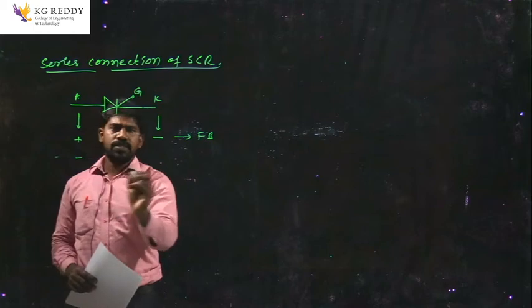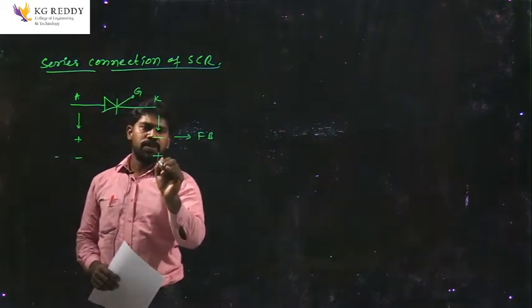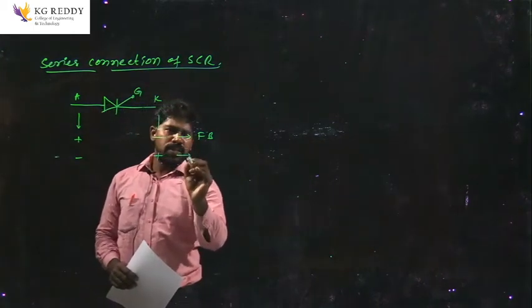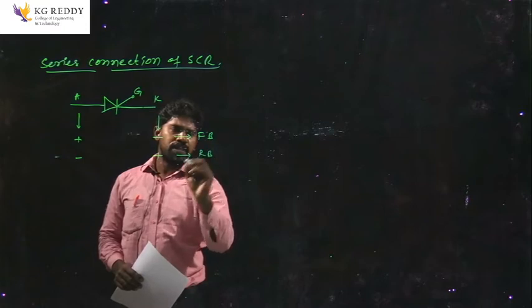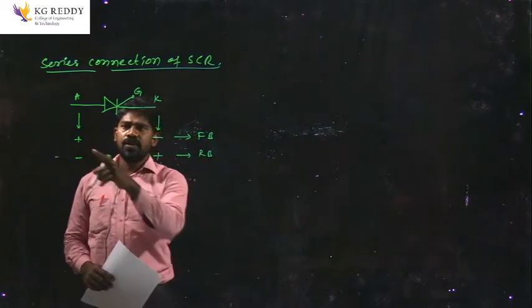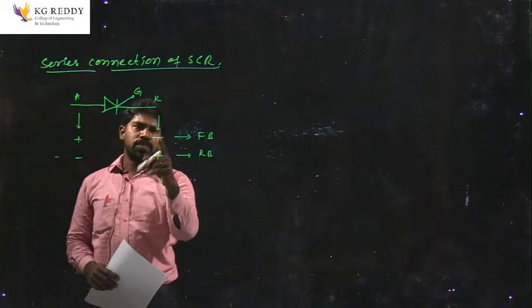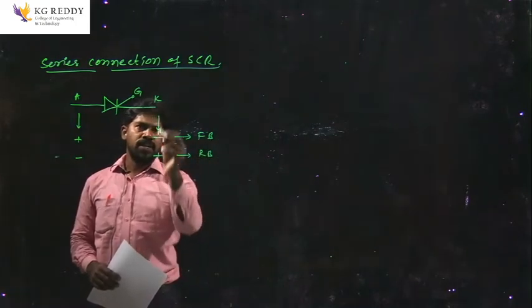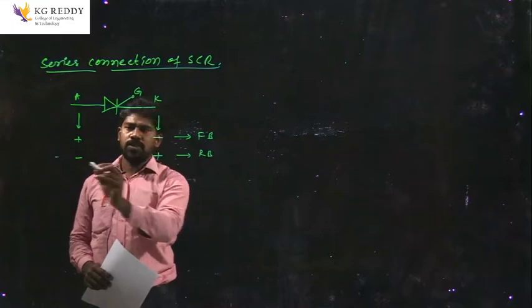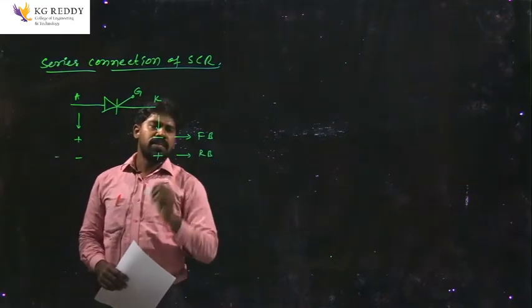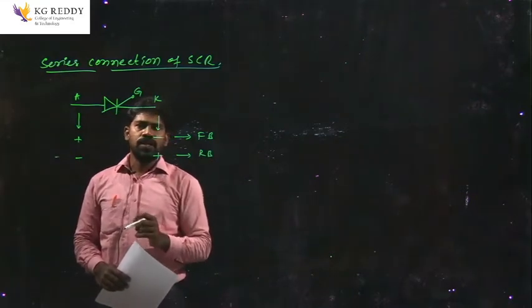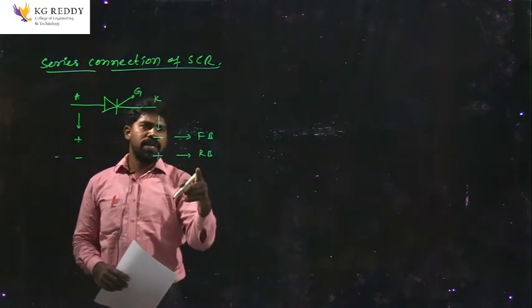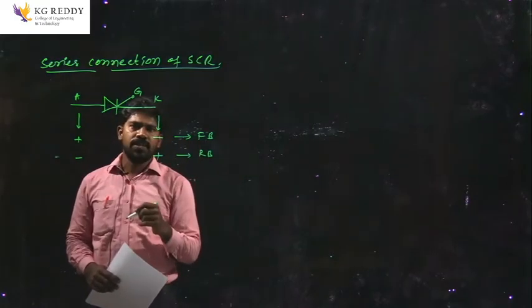When anode is negative with respect to cathode, that is, when cathode is positive with respect to anode, the SCR is in reverse bias condition. In these two bias conditions we are going to operate the SCR.